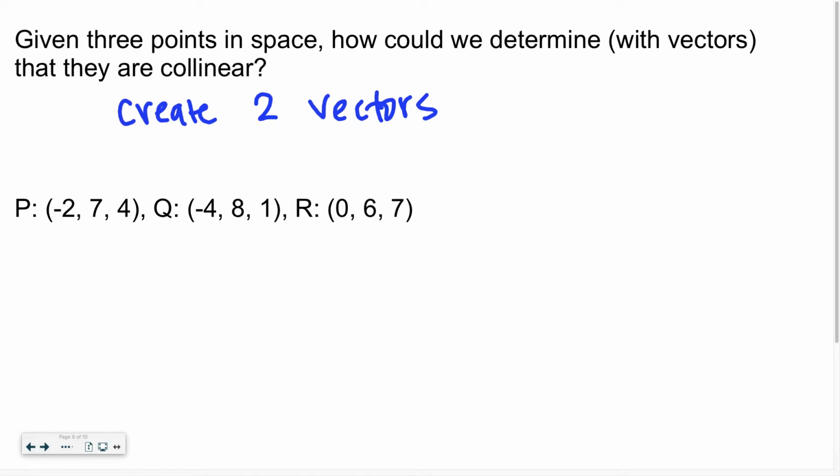We take 3 points and we create 2 vectors, they're going to share a point, right? So if we create 2 vectors and our vectors are going in the same or opposite direction, if they are parallel, if 2 parallel vectors share a point, they're going to make a line. If 2 vectors that are not parallel share a point, they're not going to make a line.